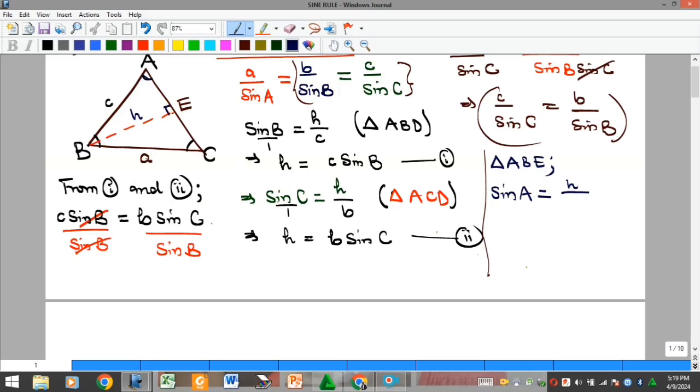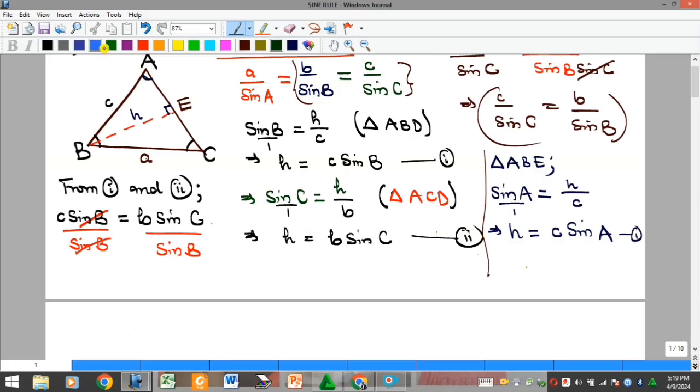Remember that this is a perpendicular bisector, so this is angle 90. Sorry, I didn't remember to say that earlier. So here C is our hypotenuse. That now means that our H is C sine A, and we can call this equation 1 still under this construction.